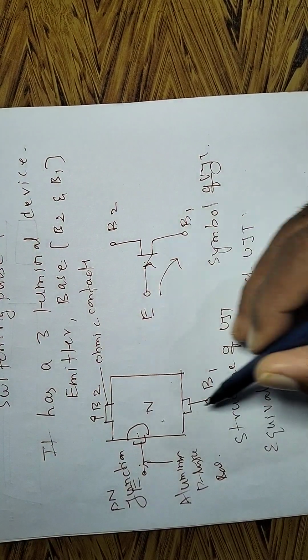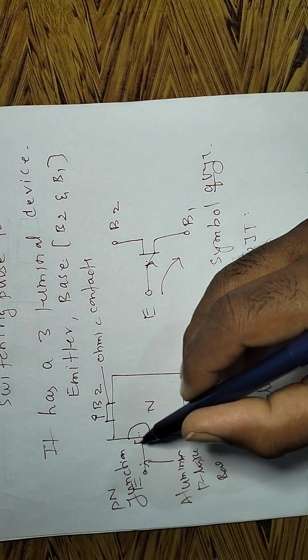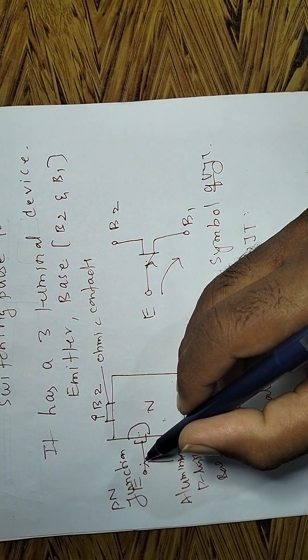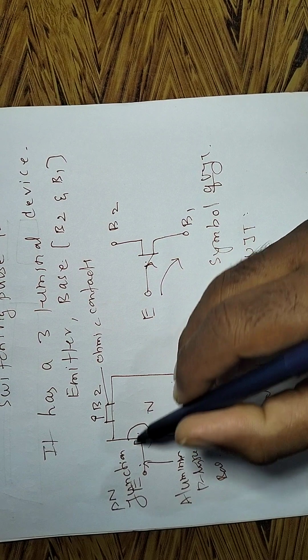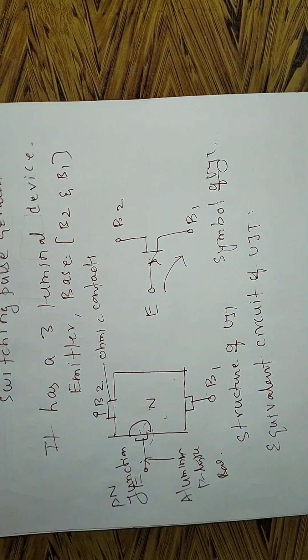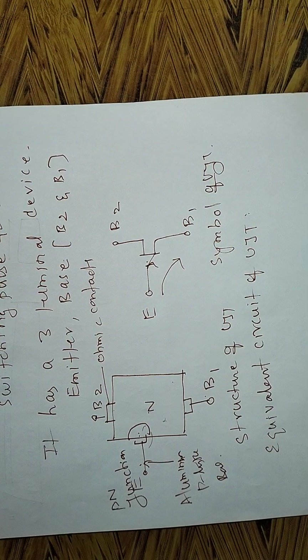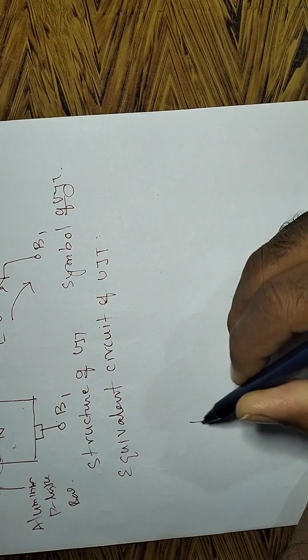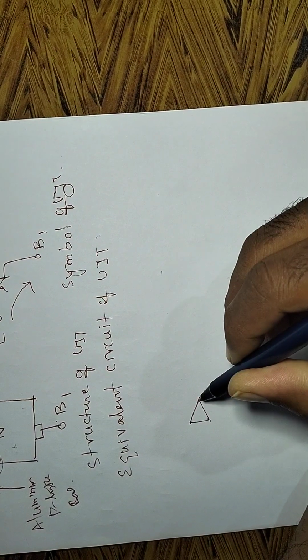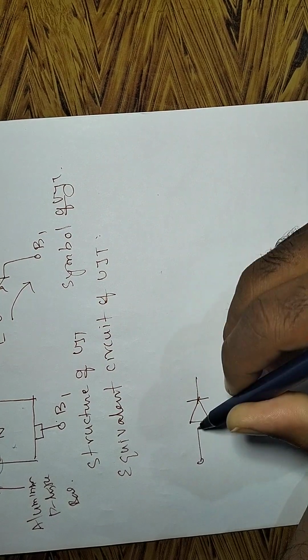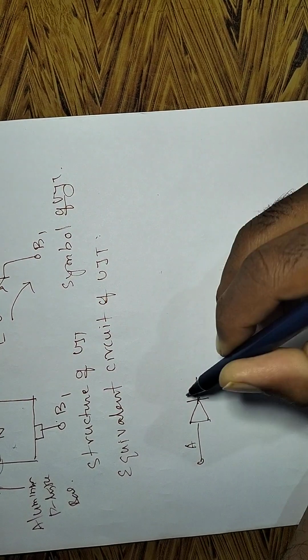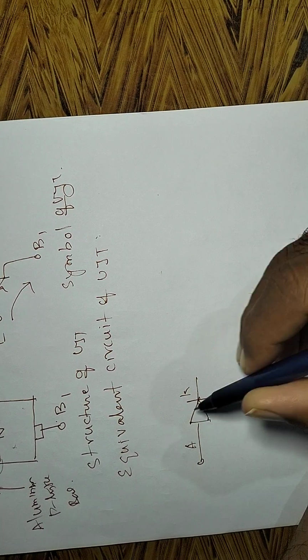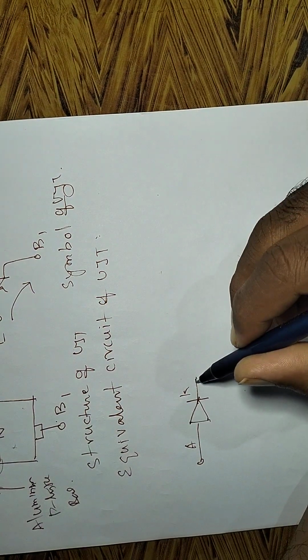This is an ohmic contact and this is the emitter. So this can be written as a PN junction diode. This is the anode and this is the cathode. Generally, as you know, this is a PN junction diode.